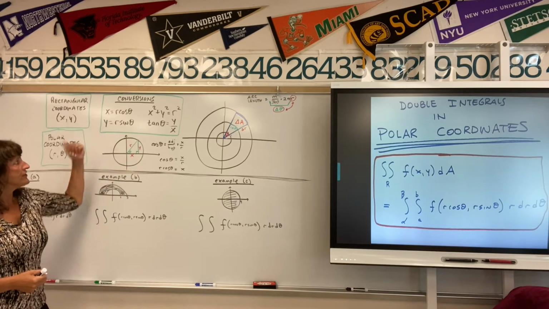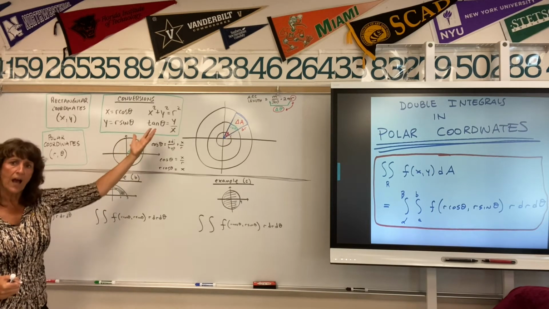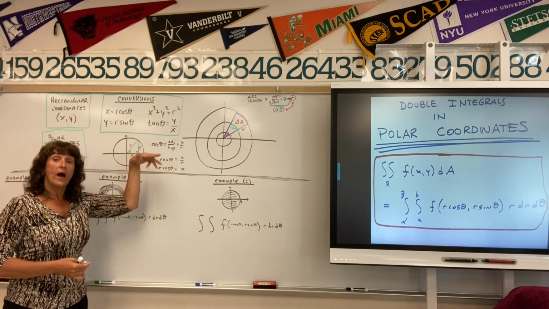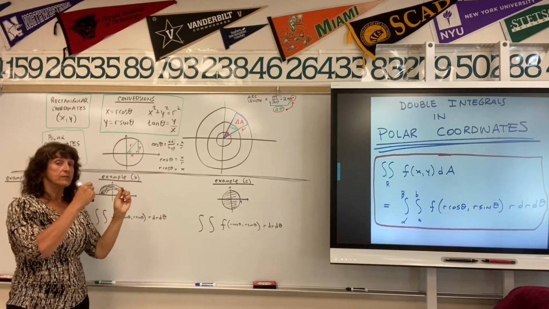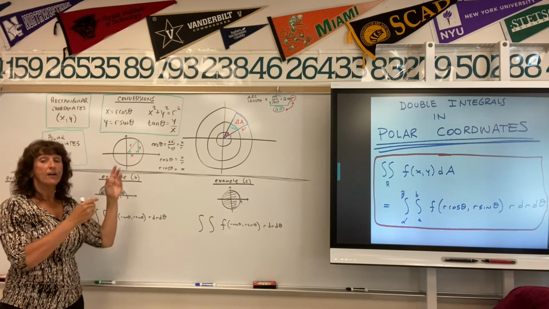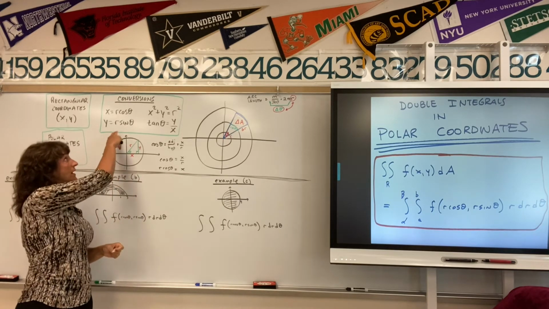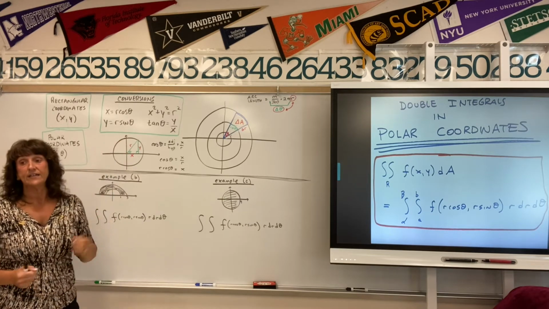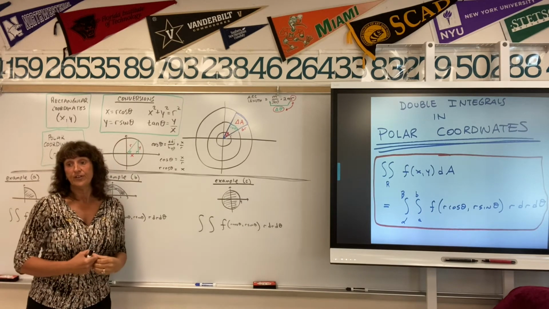Same can be done for the sine function. Sine is the opposite side over the hypotenuse, so the opposite side is y over the hypotenuse r. When you multiply both sides by r, your y-coordinate conversion is going to be r times the sine of theta. This is a right triangle, so your Pythagorean theorem holds.